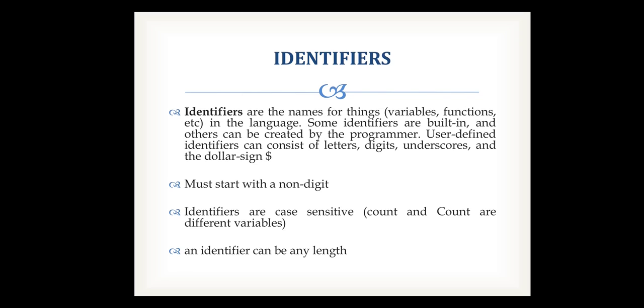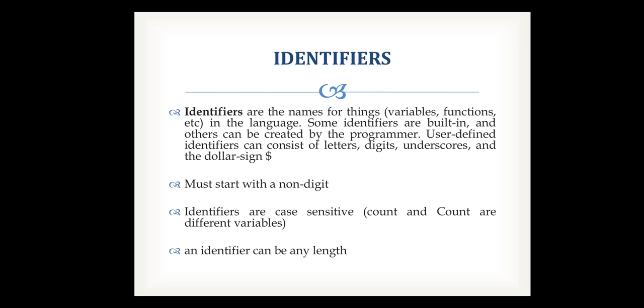Identifiers are case sensitive, that is count and Count are different variables. The count variable we basically use for increment and decrement. It is called case sensitive because there are two counts: the first count is written in lower case and the second count is written with an initial capital.